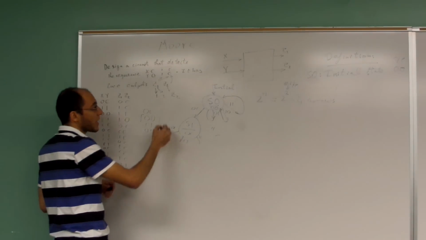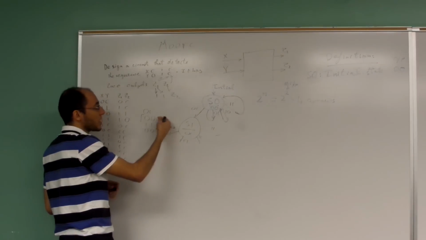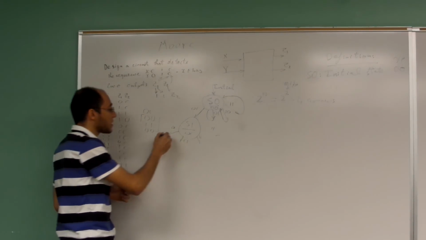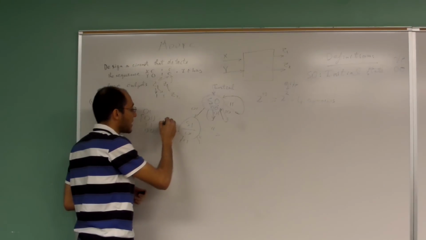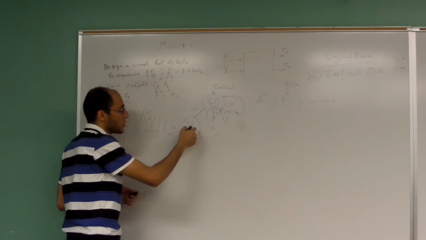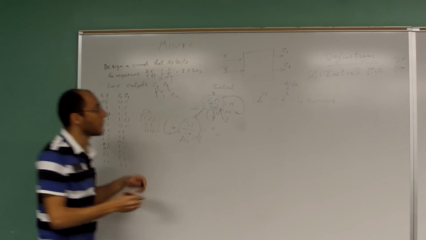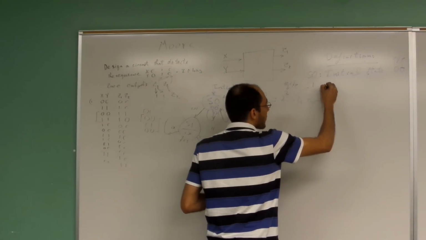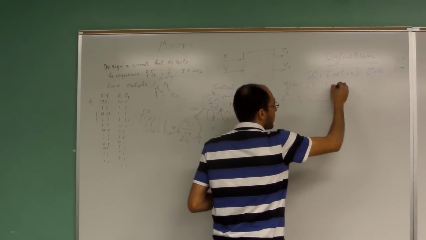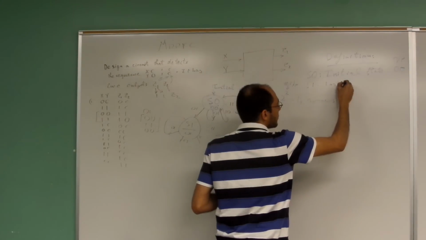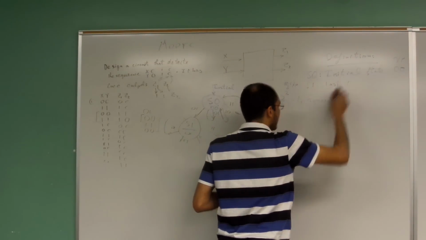So if I return back to S0, I'm going to mess up the 0, 0 that I have received so far. So the best next state is to loop back to S1. Why? Because S1 is defined as last 2 bits are 0, 0.